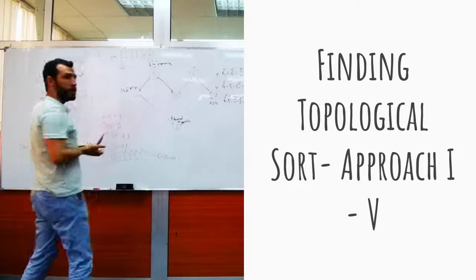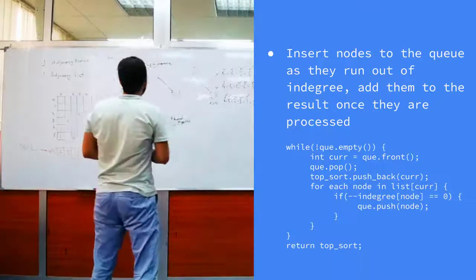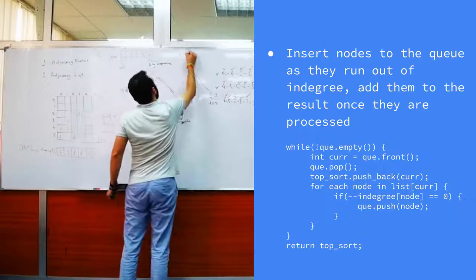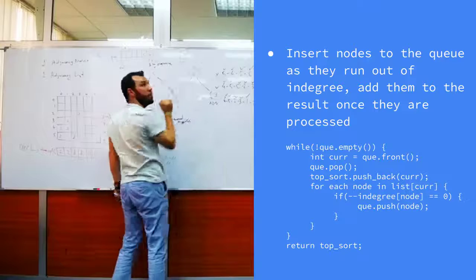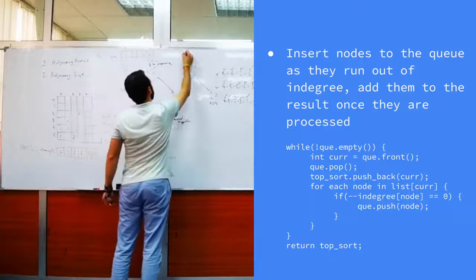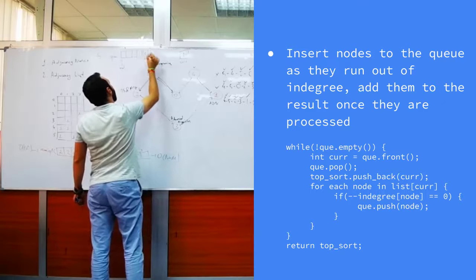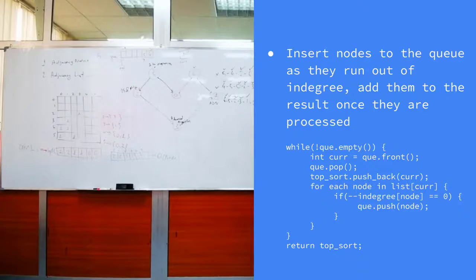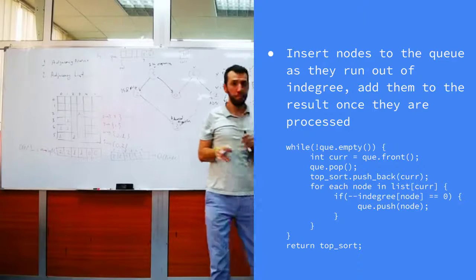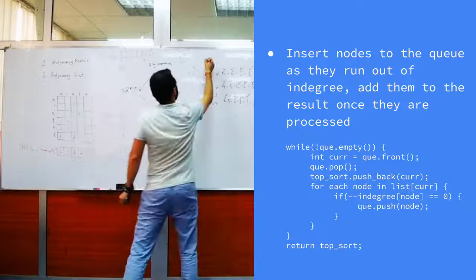Is our queue empty? No. Therefore, we get the current element. Which is our current element right now? And after that, we put the element that we are currently processing into our result list.